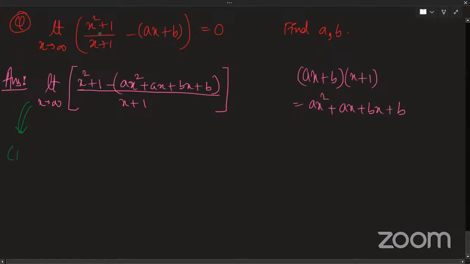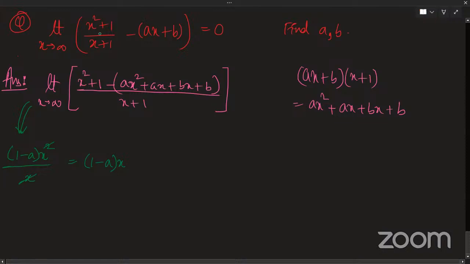Great. And what is the highest power in the denominator? 1. And its coefficient is also 1, right? Yes, sir. So you cancel out this and this. You get 1 minus a into x.